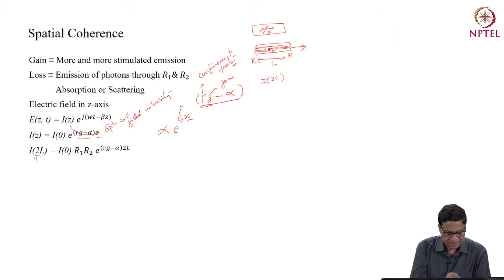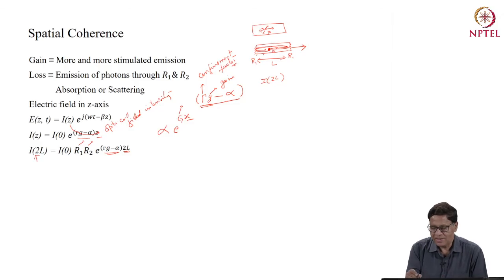So this I2L will be I0 into e to the power of the net gain into the total distance 2L, and R1, R2 are the reflectivities of the two mirrors, because it has encountered two reflections, one at this point and another at this point. So the optical field intensity after traversing a distance of 2L is equal to I naught, the initial intensity when it was generated in the middle, times R1 R2, the reflectivity of the mirrors, times e raised to the power g, the net gain, into 2L.